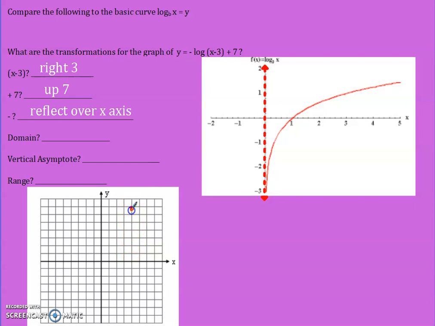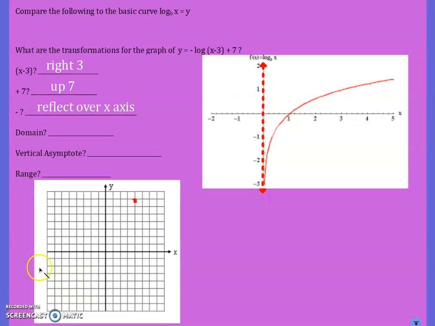So apply your point. Let's think about this asymptote. This asymptote is at x equals 0. So if we have our asymptote at x equals 0, and we shift it to the right 3, and we shift it up 7, shifting it up 7 is not going to really change anything. And if we reflect it, it's still a vertical line. So let's go ahead and sketch that in.